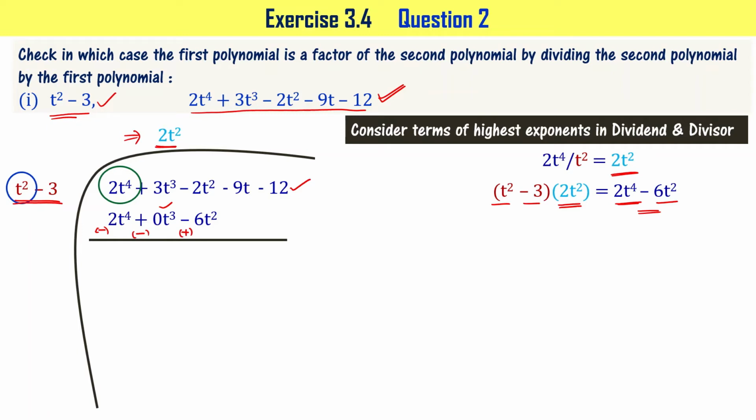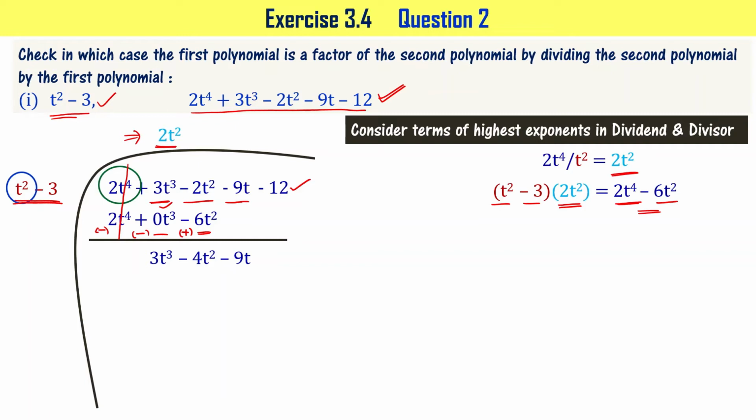In this particular case, 2t power 4 minus 2t power 4 gets cancelled. Here you have 3t cube minus 0t cube. This is going to be 3t cube only now. This is minus 2t square plus 6t square, meaning you are going to have 4t square. Let's write that. Along with that, I have brought down minus 9t.